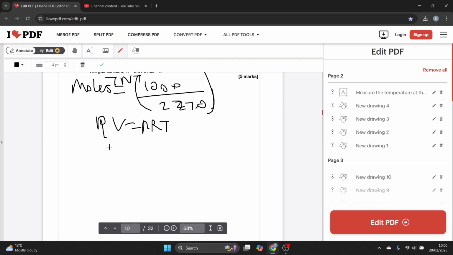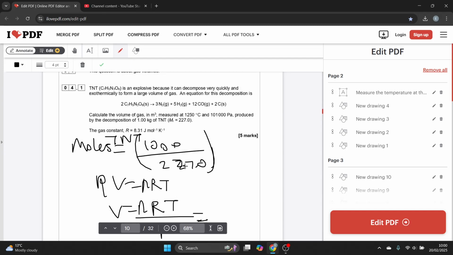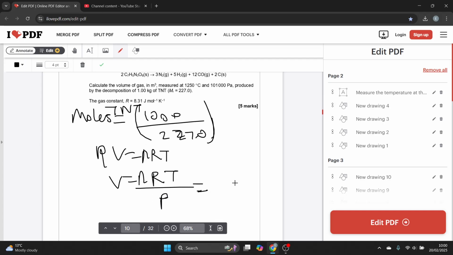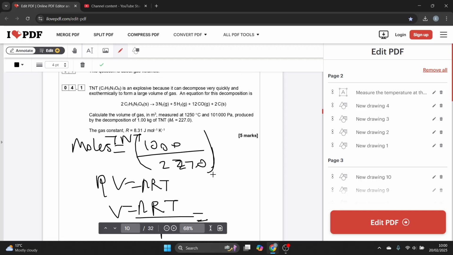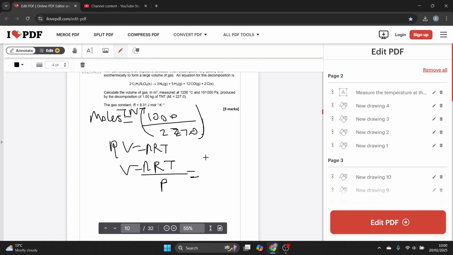I want to find the volume, so I'm going to use V equals nRT divided by P. If it asks you, for example, to find the Mr, or the mass, or the moles, use n equals PV divided by RT. That's something that's difficult to spot sometimes. It'll ask you for the Mr and you wonder how to do that, but then you realize you need to find the moles, then the mass, then the Mr.